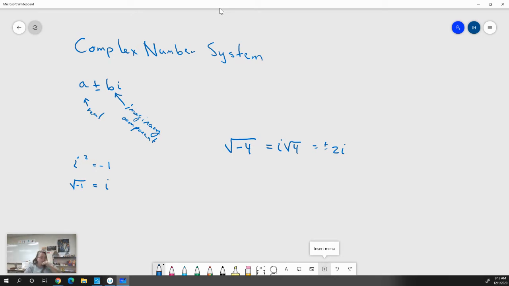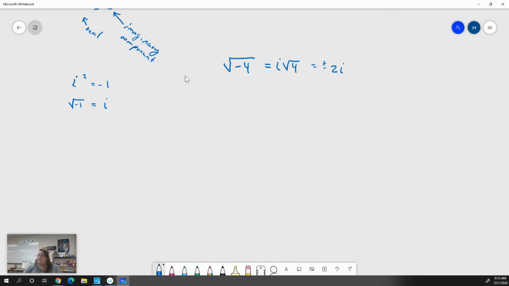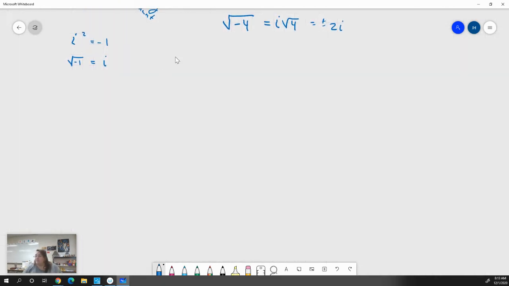So what we're going to talk about today is operations on complex numbers. So basically adding and subtracting complex numbers. And I'm just going to give you a couple examples. They are not that hard. Adding complex numbers is really, really easy. Subtracting them, still pretty easy.